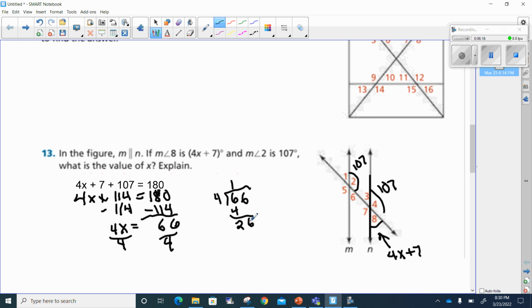I'm going to go with 6 times, because 4 times 6 is 24. And that's going to leave me 2. Then I have to put a decimal here, so I can put a 0, and that would be 4 goes into 20 five times. So it looks like 16.5 is what x is going to be. The value of x then, right? X equals 16.5.